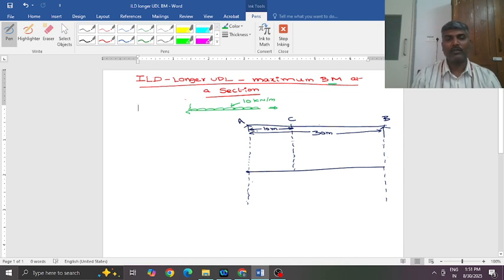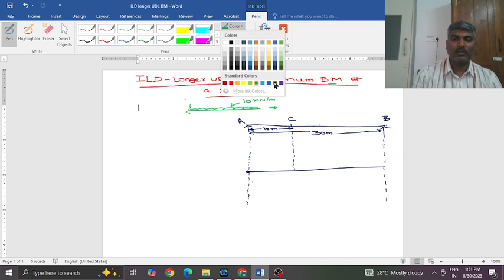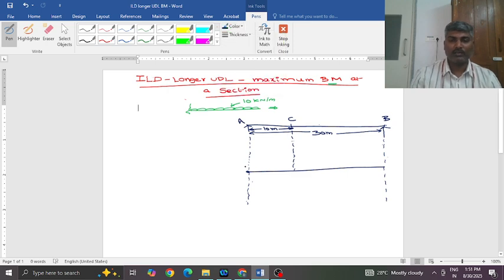Here, as you see, I have considered a beam of 30 meters and I have taken a section at 10 meters from left. So C is located at 10 meters from left. Now plot the ILD for bending moment at C. You have learned this in previous lectures.